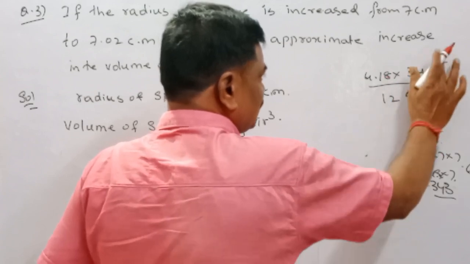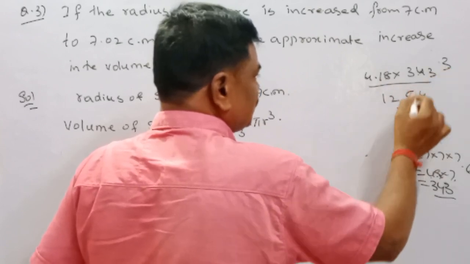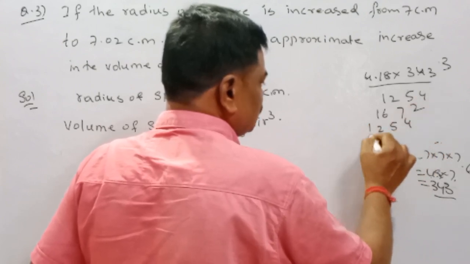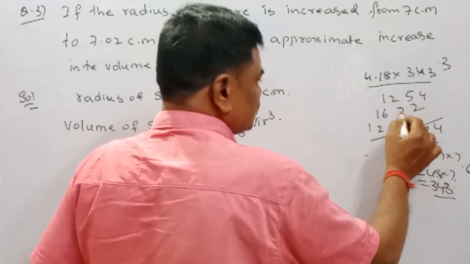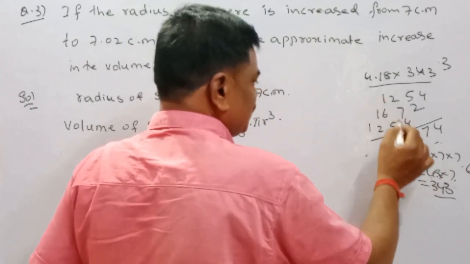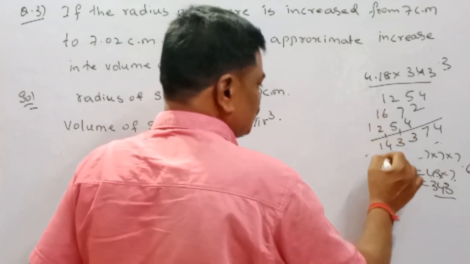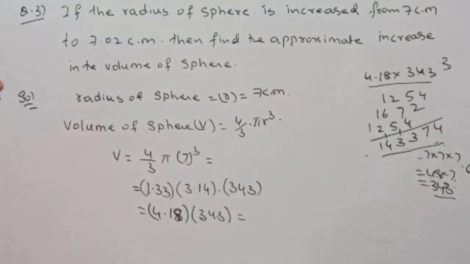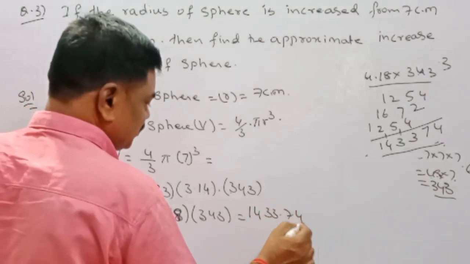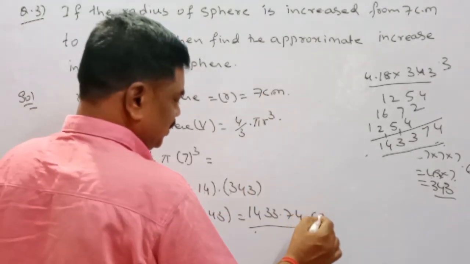Again 4 8s are 32, 4 1s are 4 plus 3, 7. 4 4s are 16. Adding these, this is 1433.74 cubic centimeters.